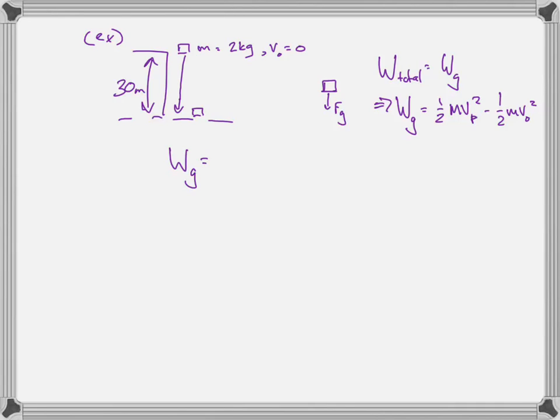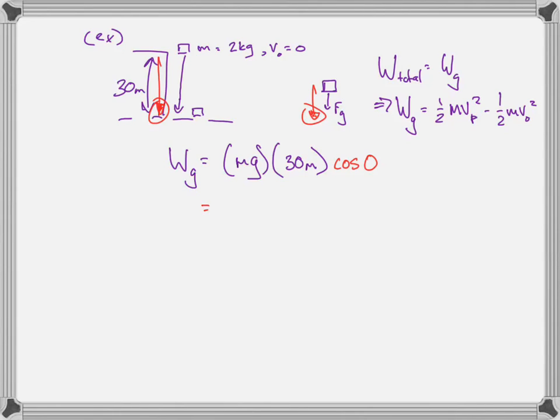Work done by gravity is the magnitude of the gravitational force, mg, times the magnitude of the displacement, 30 meters, times the cosine of the angle between them. We never drew the displacement vector, right? The gravitational force vector is in that direction, and the displacement vector is in that direction. Those two vectors point in the same direction, so the angle between them is 0.